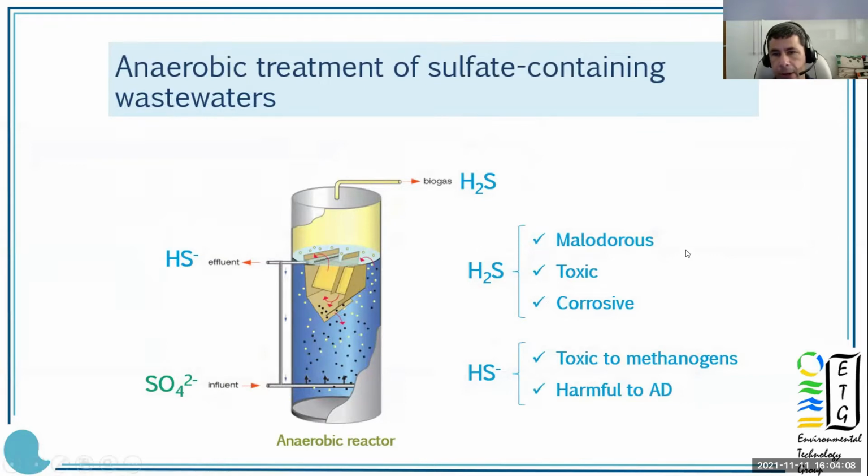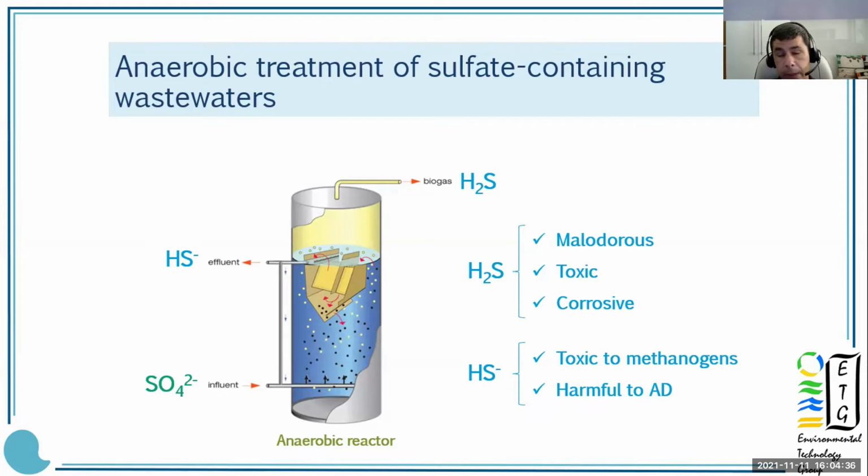The hydrogen sulfide is malodorous, toxic, and corrosive, and the HS- is toxic to methanogens and harmful to the anaerobic digestion process. If we think about sewage treatment, because sulfate concentration is very low, usually this concern is not very representative.